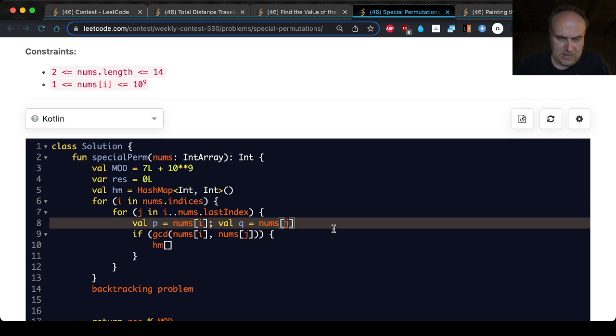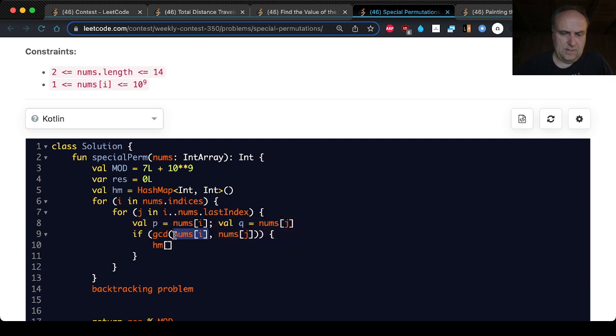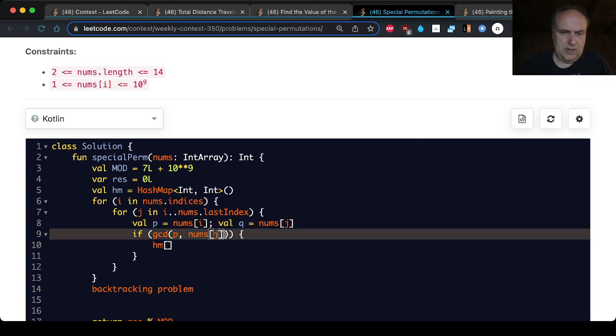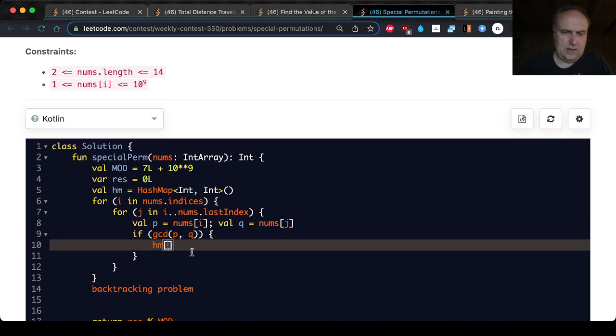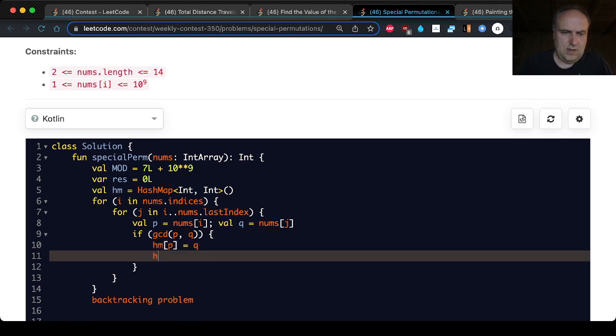Okay, now p, q, and it's going to be p equals q. Oh, it needs to be a list.